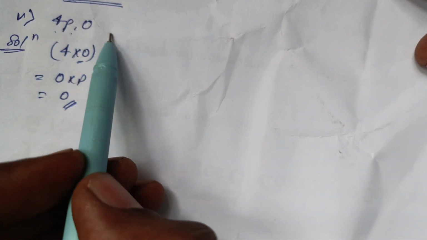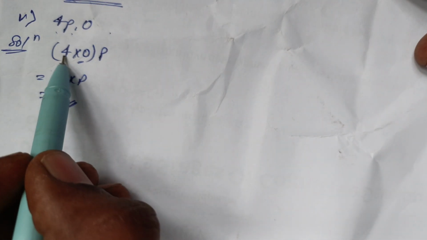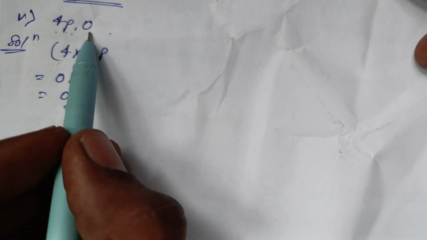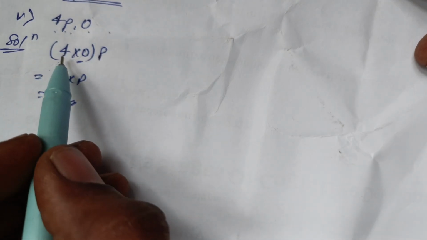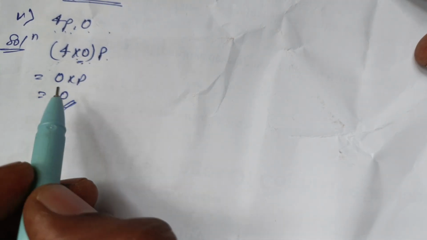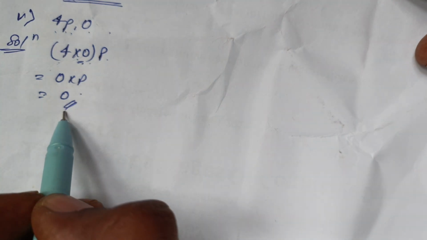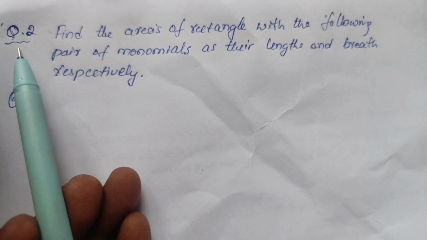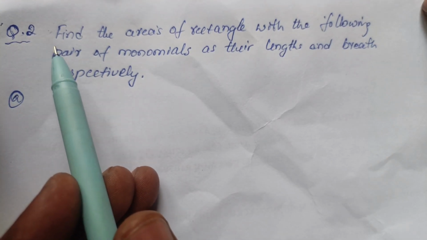So the fifth one, 4p comma 0, can be written in the solution as 4 into 0 into p. Anything that we multiply with 0 is 0, and 0 into p is also 0. That is the answer.